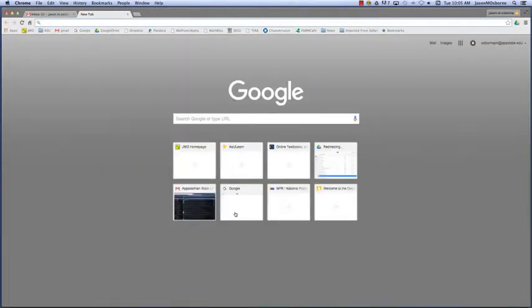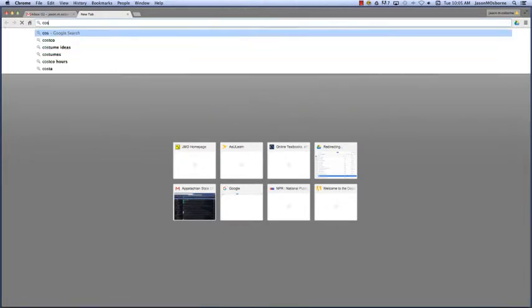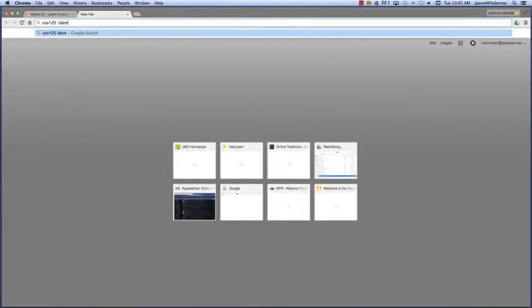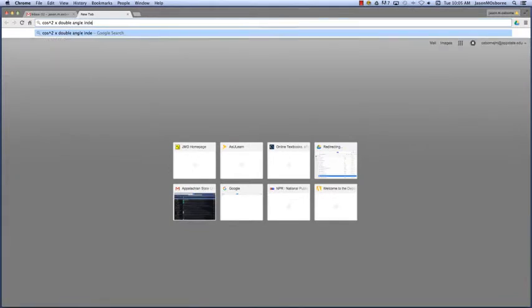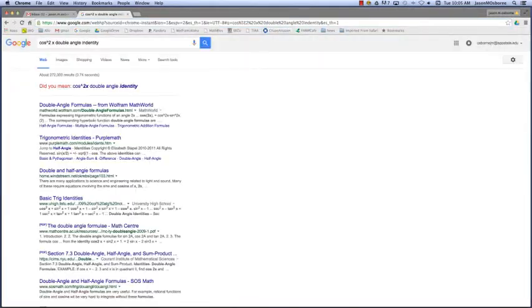Resort to a Google search. Cosine squared of theta identity. Cosine squared of x identity. Double angle identity. Double angle formulas.